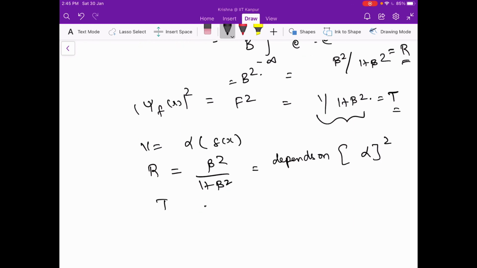Similarly, T also depends on α squared and not on α.